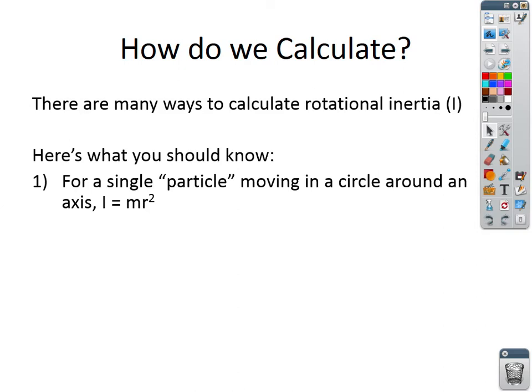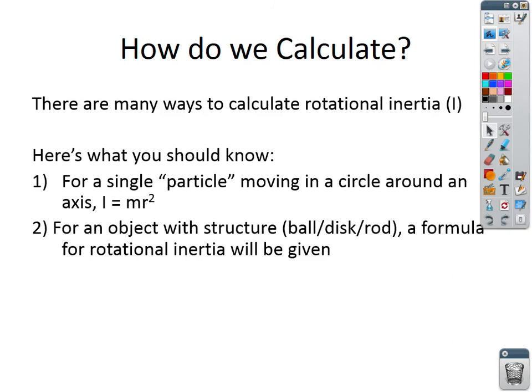The inertia of that single particle is always mr squared: the mass times the distance from the axis of rotation, squared. So you can already see what inertia depends on: the mass and where that object is placed on the merry-go-round, on the platform that's rotating.